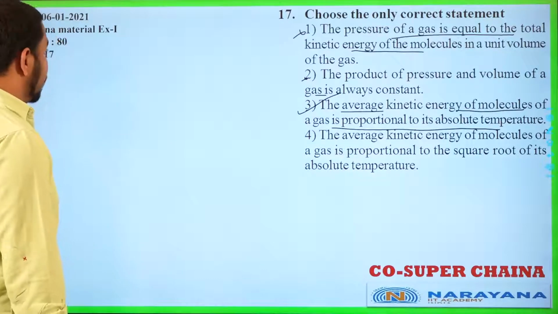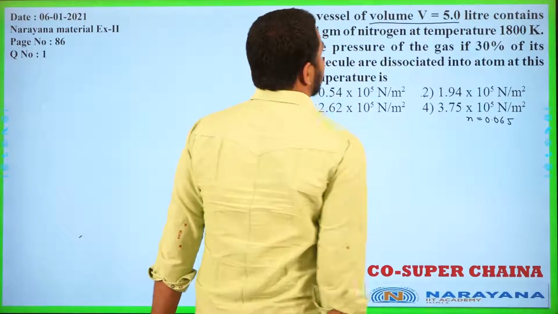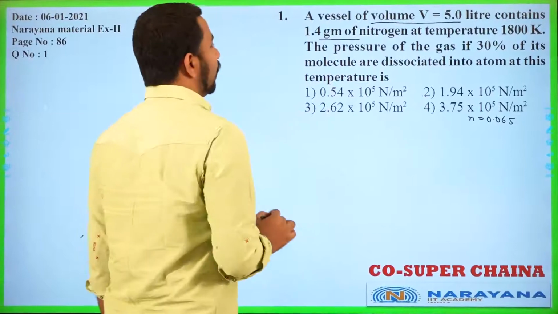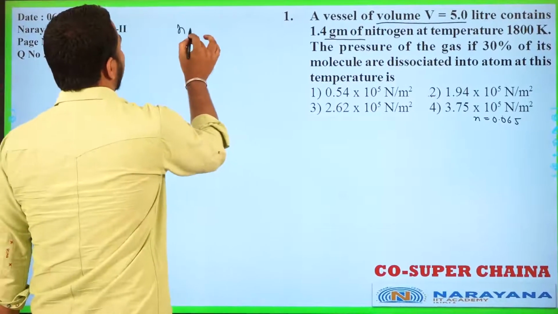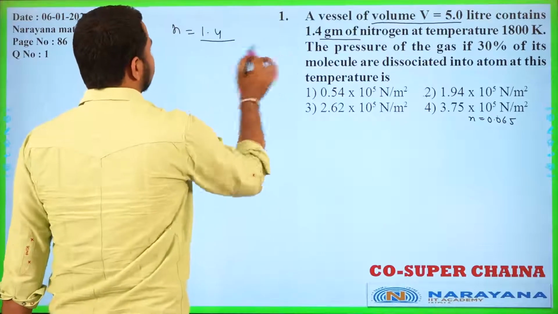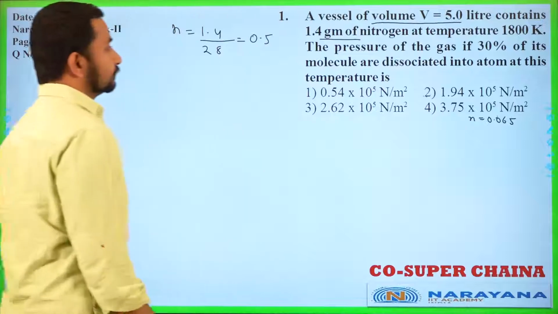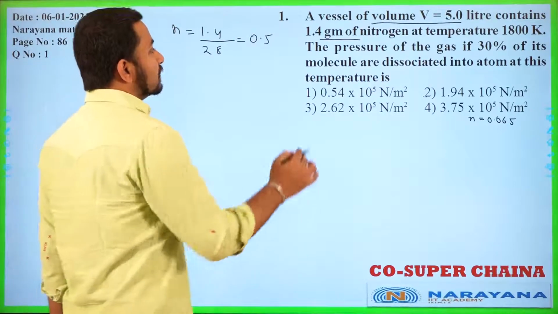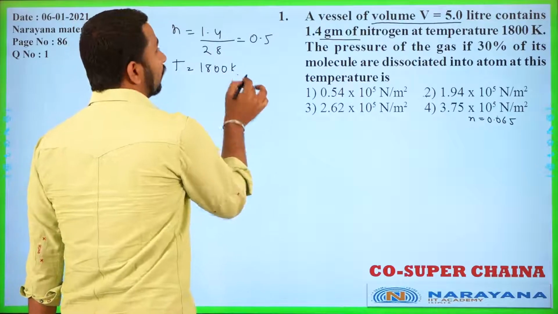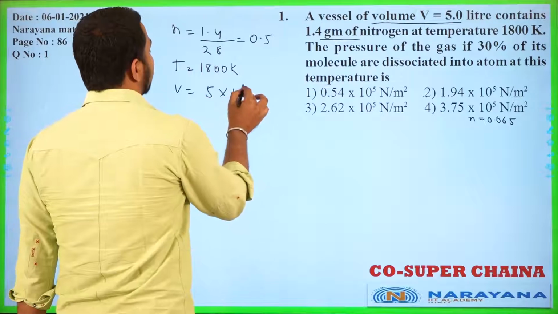So let's move to the next question now. A vessel of volume V equals 1 liter contains 1.4 gram of nitrogen. First find the number of moles: 1.4 divided by 28, we will get 0.05. Now it is given that the temperature is 1800 K and the volume is 5 liters.